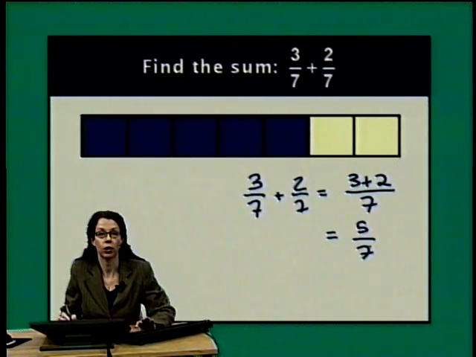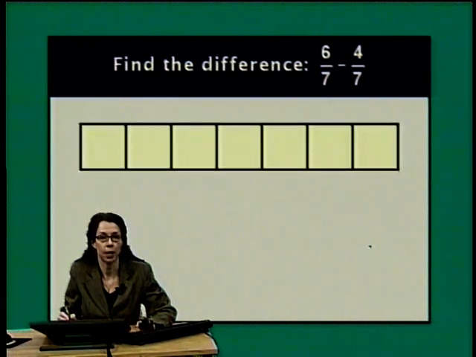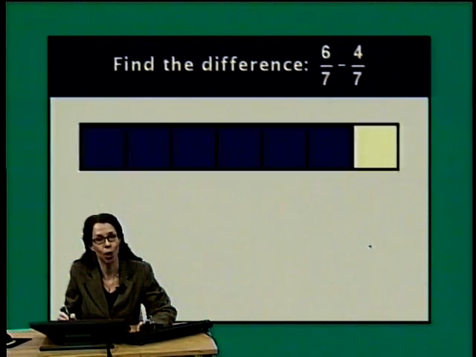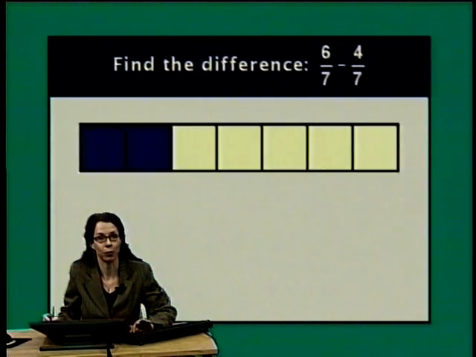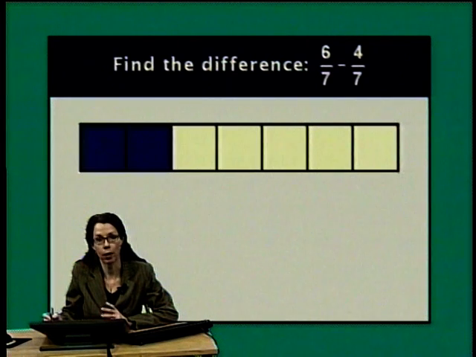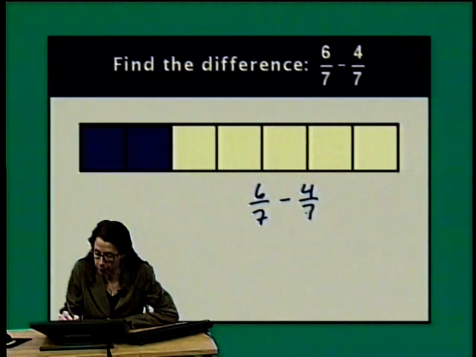Let's look at a subtraction example. 6/7 minus 4/7. Same fraction bar, I'm going to start with 6/7 shaded in. I'm going to take away 4 of them. I'm left with 2. So I just did 6 minus 4 equals 2. But when I write out my fraction problem, I still have that denominator of 7.